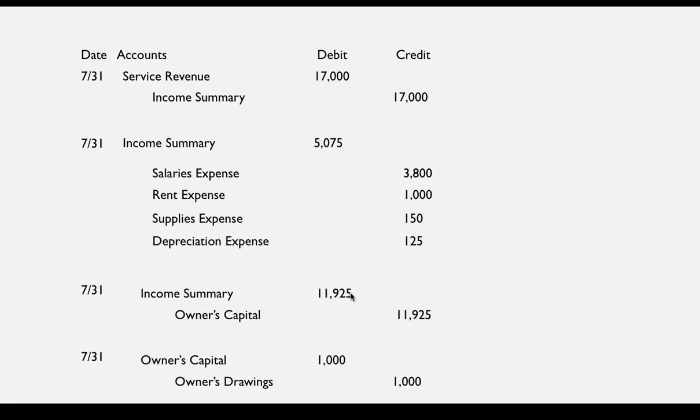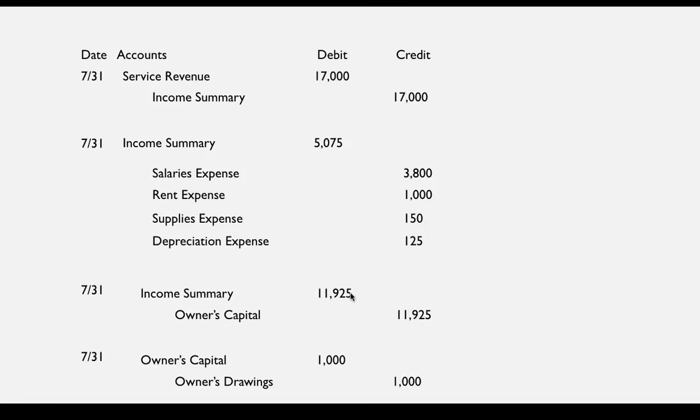Net income is added to your capital on an owner's equity statement. So what you are doing here is you are showing what happens on that owner's equity statement in journal entry form. You are adding your net income to your owner's capital in that third closing entry.